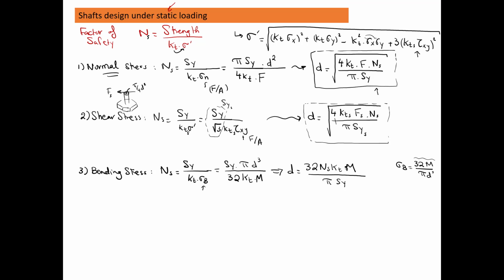But we have a constant, the stress concentration factor, the factor of safety, and then the type of load, or the type of variable that creates that stress. So here we have shear, so it's the shearing force. The first case, the normal, it's the normal force. Here we have bending, so it's the bending moment divided by pi times the strength. This one is cubed, so once you solve for the diameter, it would be raised to 1 over 3. The same way you can do torsional stress.